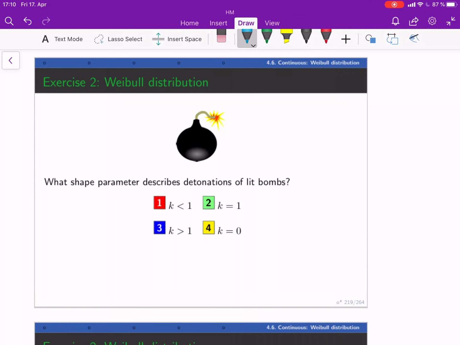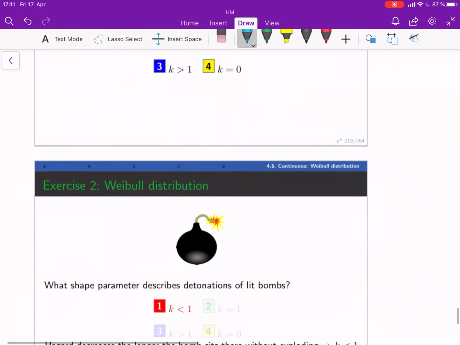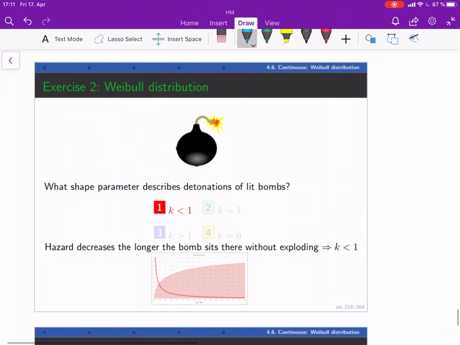So New Year's Eve, lots of people buying fireworks. You light one of your big fireworks and then you wait for the big bang. What shape parameter do you think would describe the time until the thing explodes? I'm fully aware that different interpretations can be made.